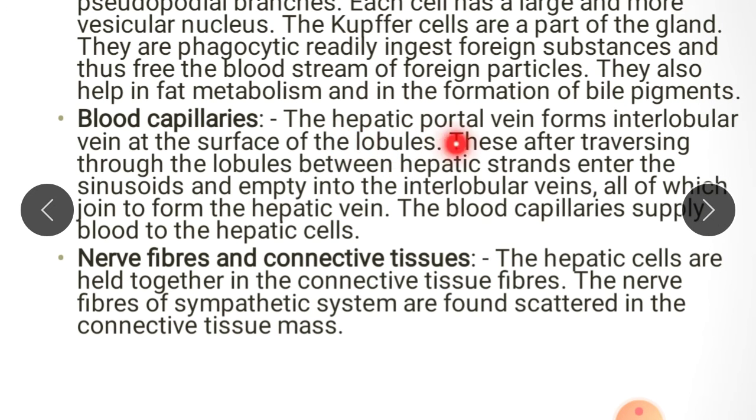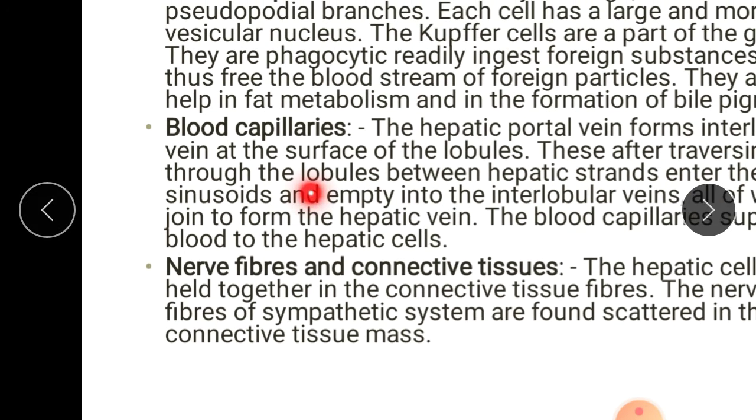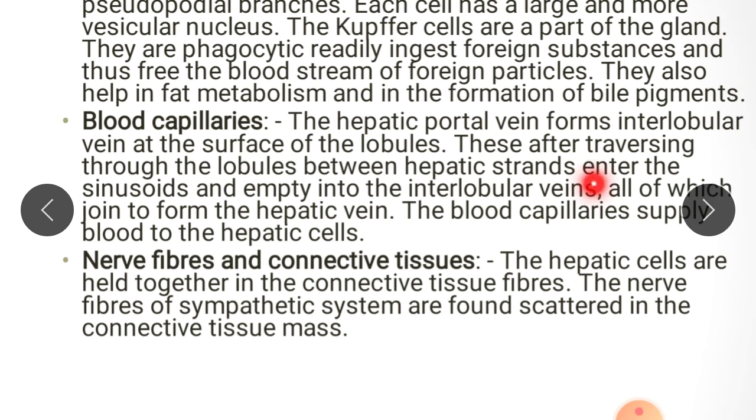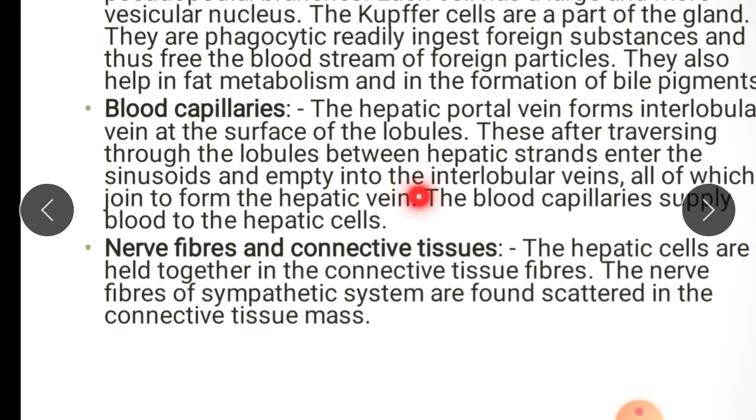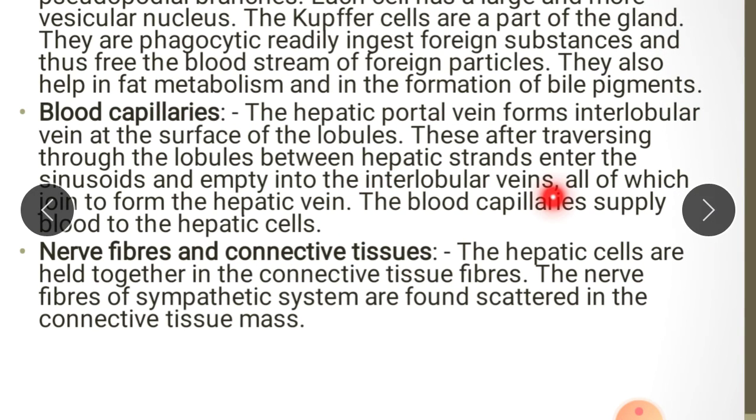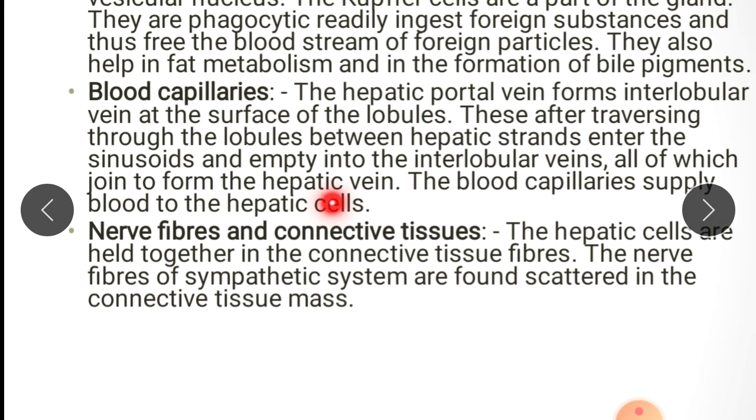The hepatic portal vein forms interlobular veins at the surface of the lobules.